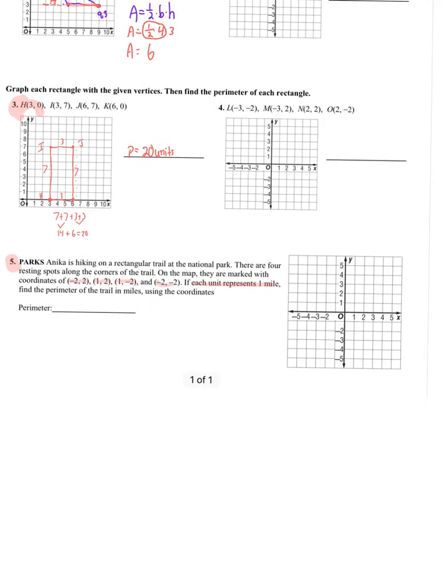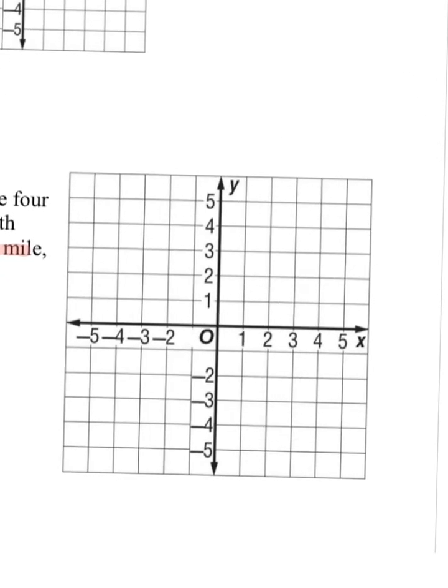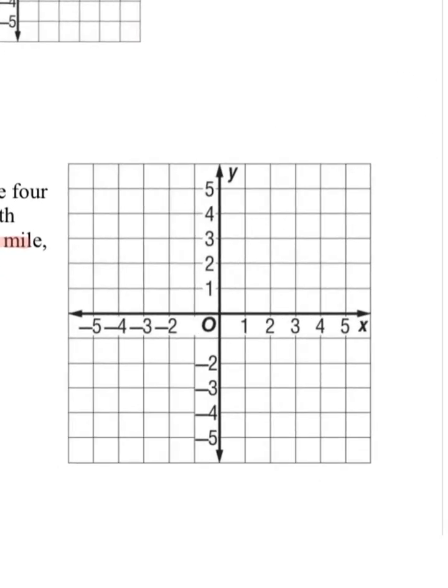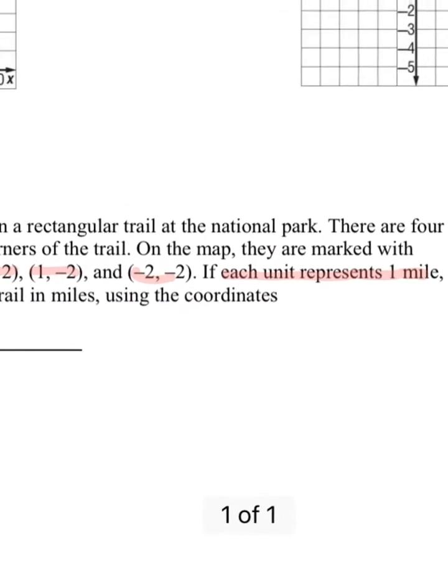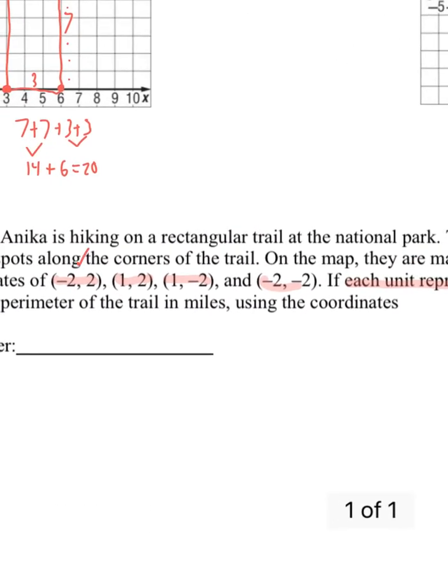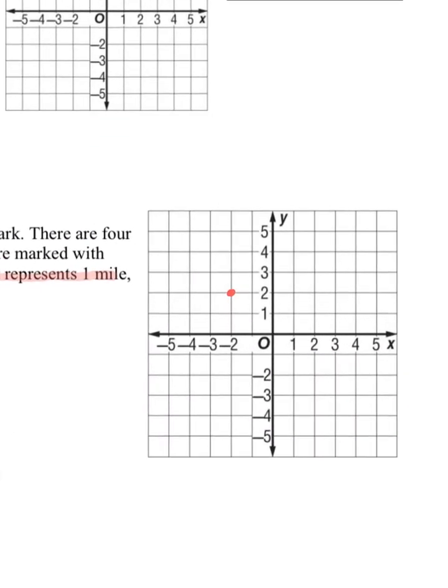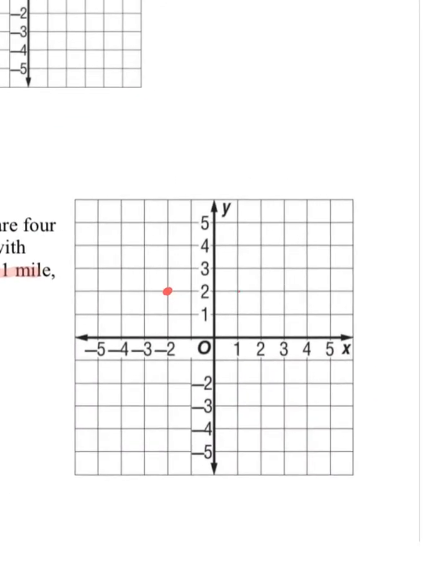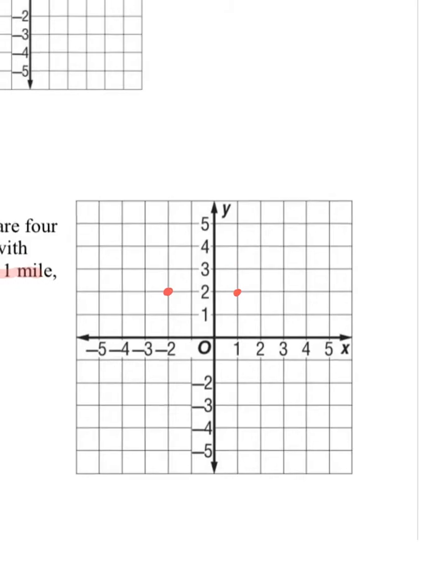So we have, let's start with -2, 2. So I'm going to put a dot. Remember, go over to the -2, up to the 2 right there. Put a dot there. Okay. Next one is 1, 2. So go over 1 and up 2. Okay?